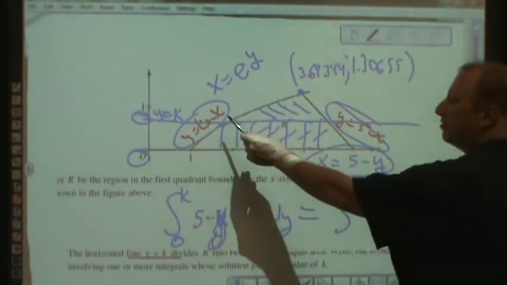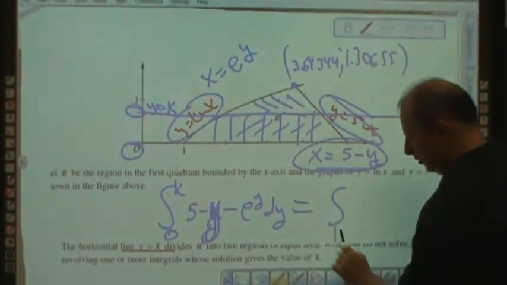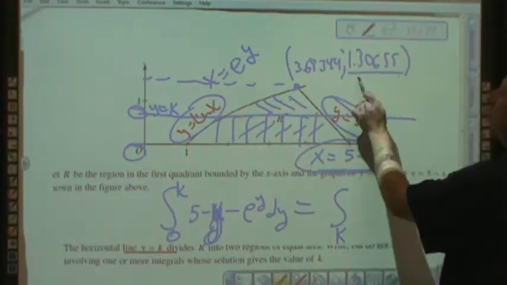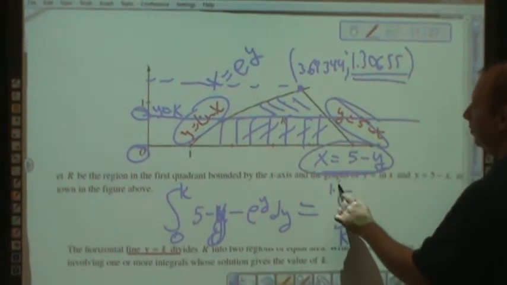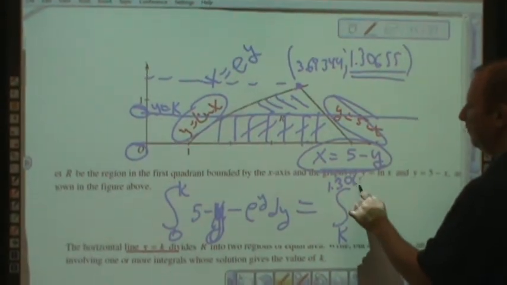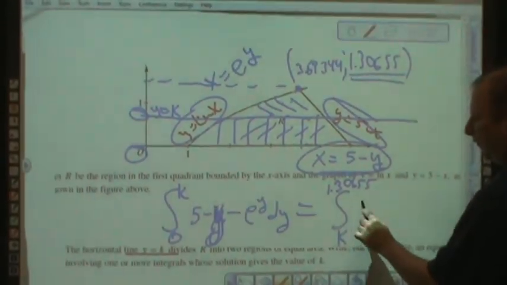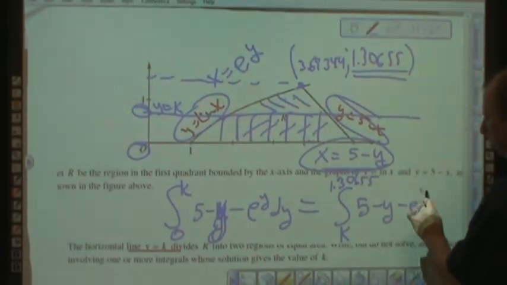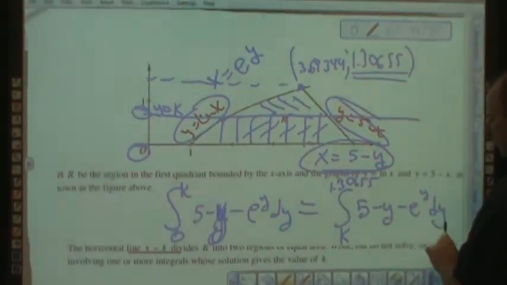The area of the top piece starts at k and goes to 1.30655 of 5 minus y minus e to the y dy.